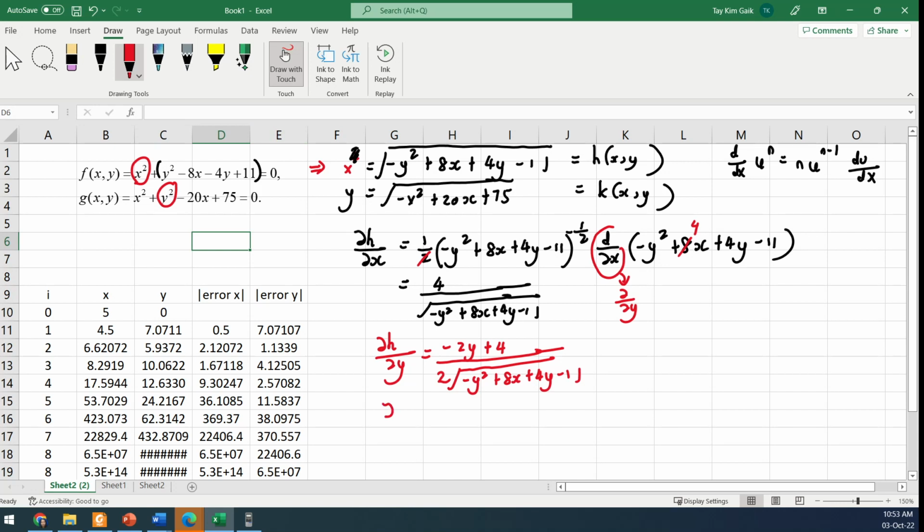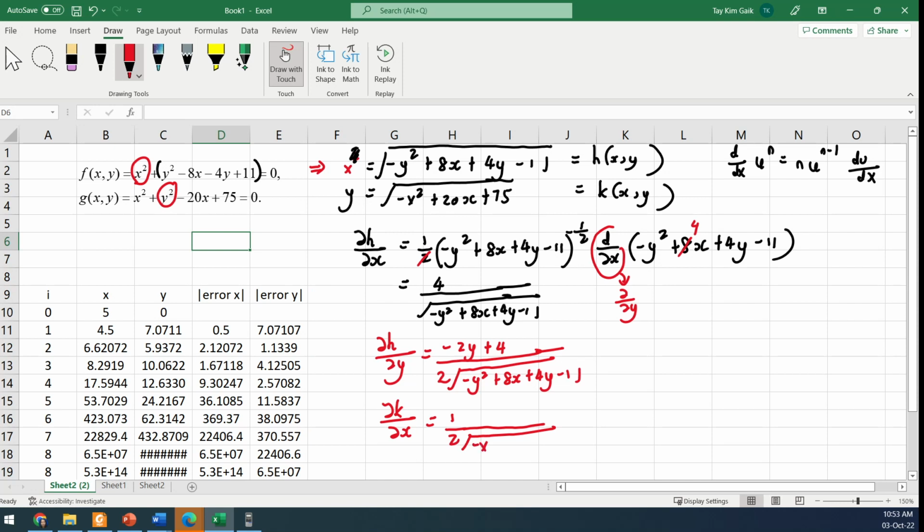Then we find del k del x. Differentiate with respect to x: half, and as just now, power half becomes power negative half, which is the square root at the bottom.